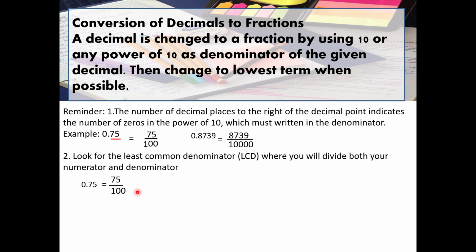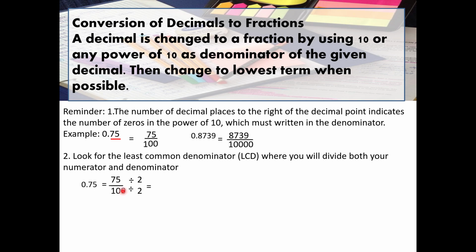Pinakamababang number na pwede nating i-divide sa 75 at saka 100. So, magsimula tayo sa 2 kasi hindi na pwede ang 1. Kasi magpapaulit-ulit na lang. So, try natin.